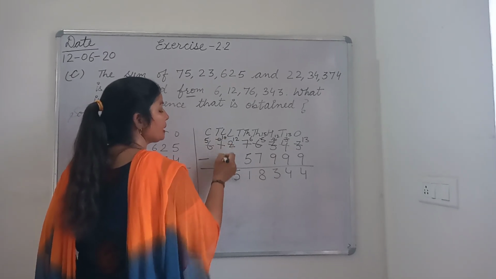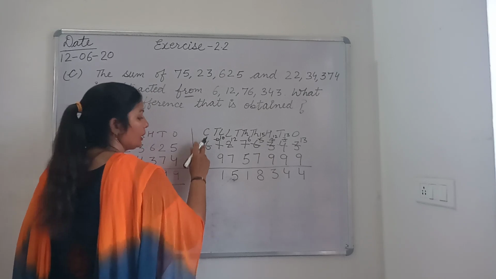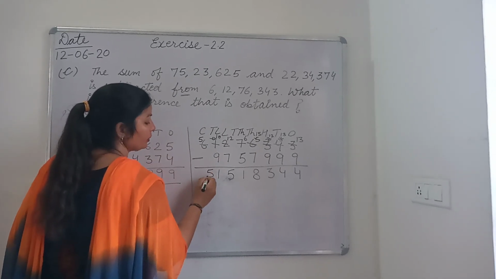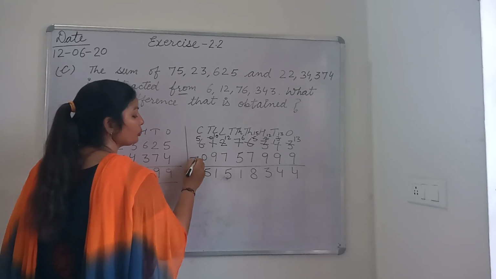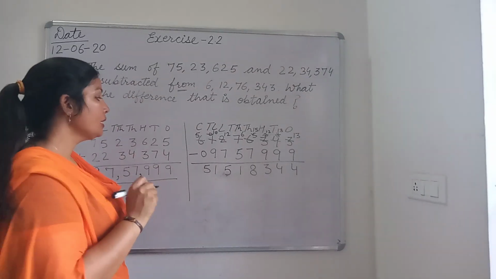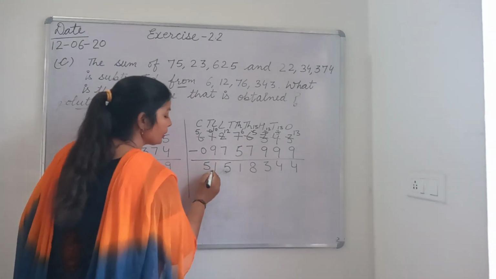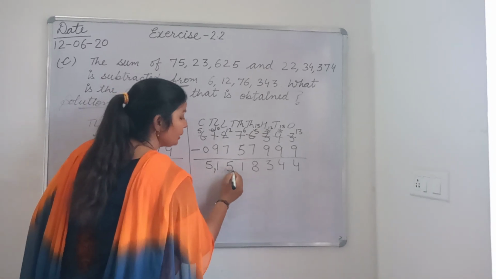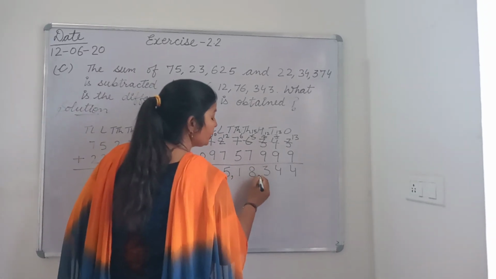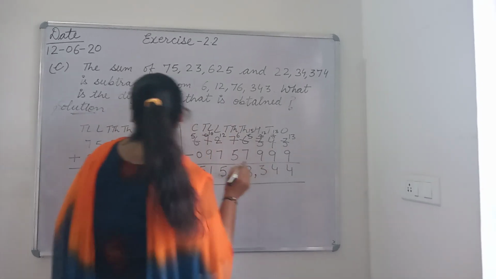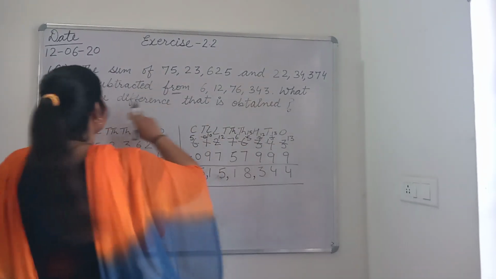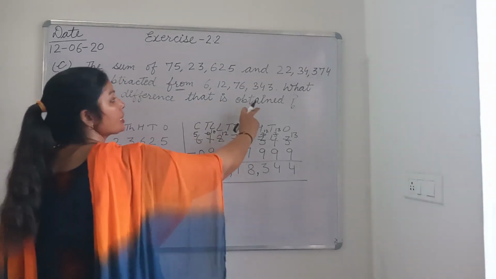Now 10 minus 9 is 1 and there is 5. You can put here 0 also because there is no digit. Okay. So now what's our answer? 5 crore 15 lakhs 18,344. That's our difference.